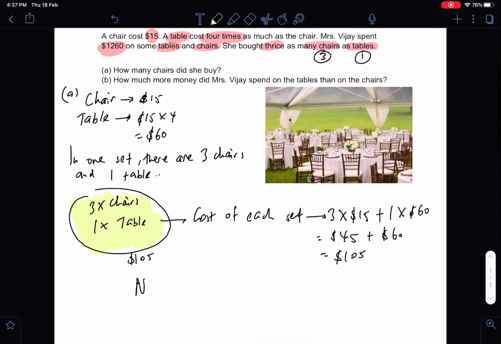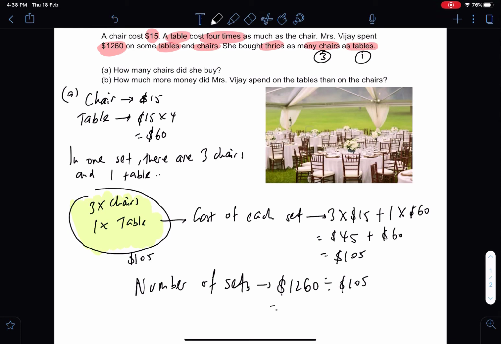The number of sets will just be 1260 divided by 105. Then we can find the number of such sets. Let's do that calculation. 1260 divided by 105, we will get 12 sets, my friends.